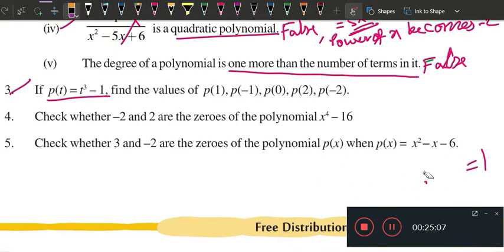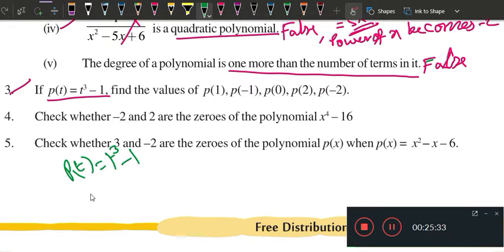Okay children, next P of 2. Before going to P of 2, write P of t equal to t cube minus 1.